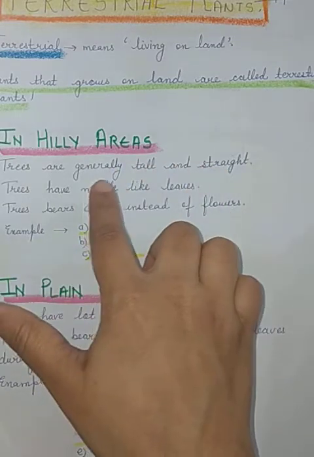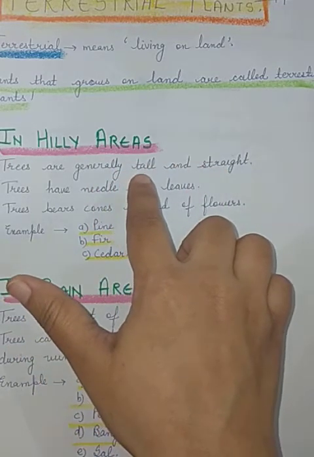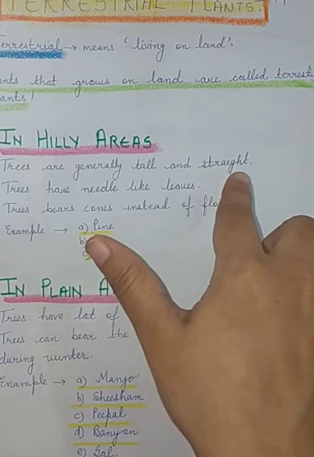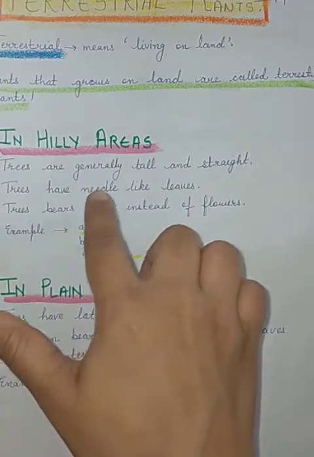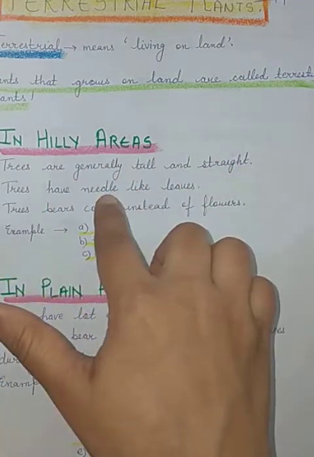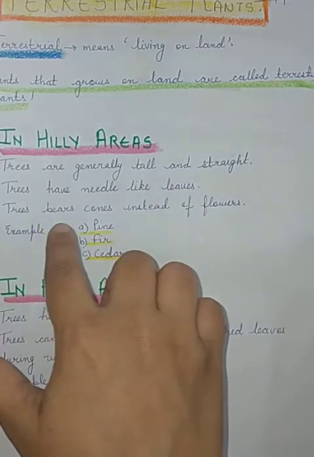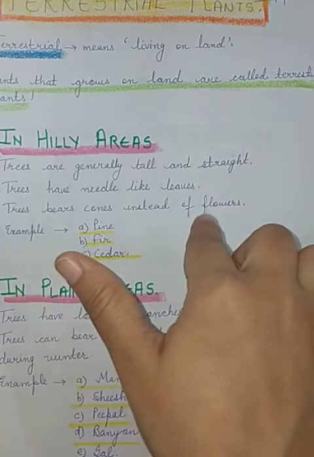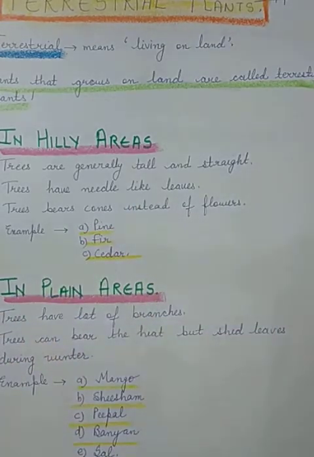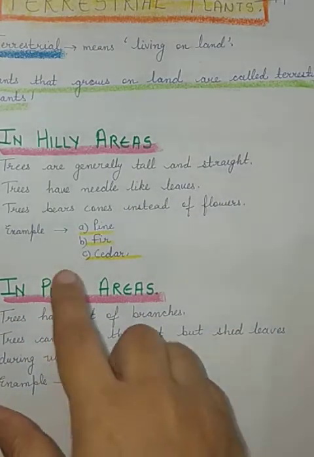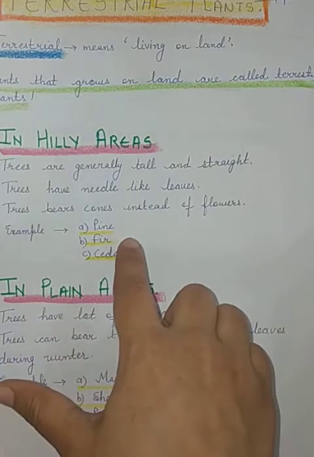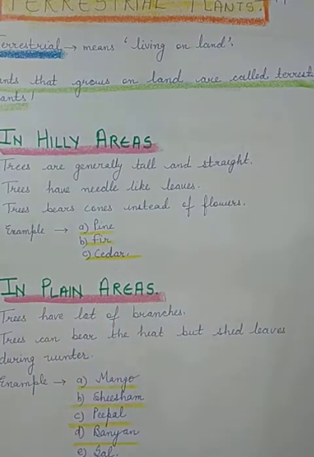Trees have very sharp needle-like leaves, and trees bear cones instead of flowers. Some examples are pine, fir and cedar. I will show you these in pictures also.